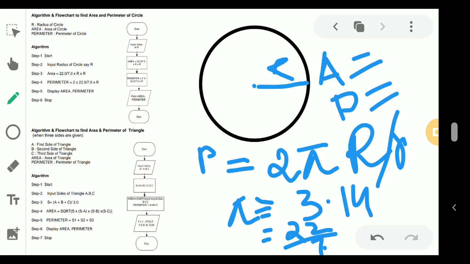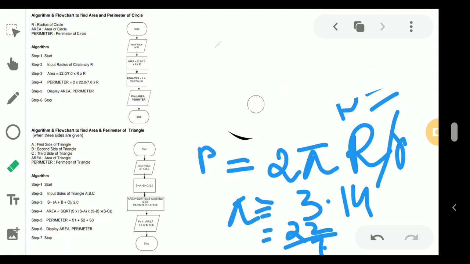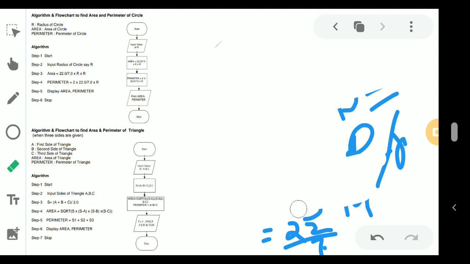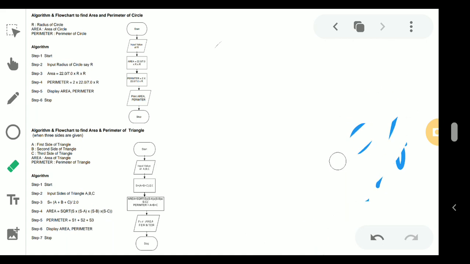So p and a both hold these values. Now let's first understand the algorithm. From the algorithm we will design the flowchart one by one.